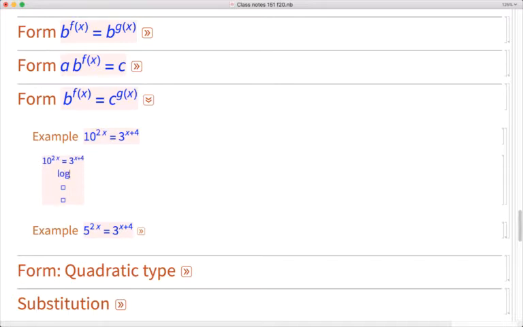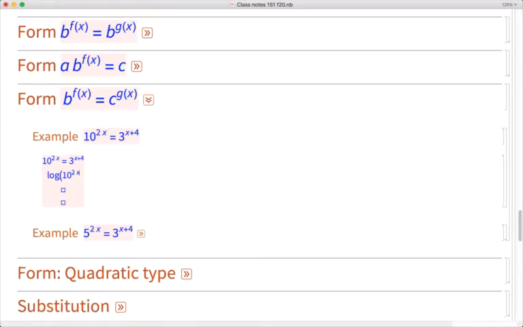So I'll write that out in full, because what's going to go on here is potentially different on the two sides. On the left-hand side, you might think to yourself, well, this is just cancellation. Log base 10 and 10 to the 2x. Those give the cancellation. On the right-hand side, log base 10 and 3 to the don't cancel.